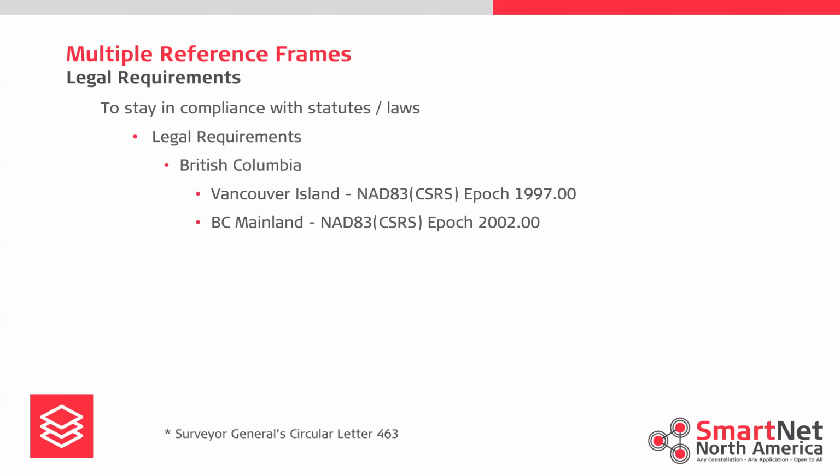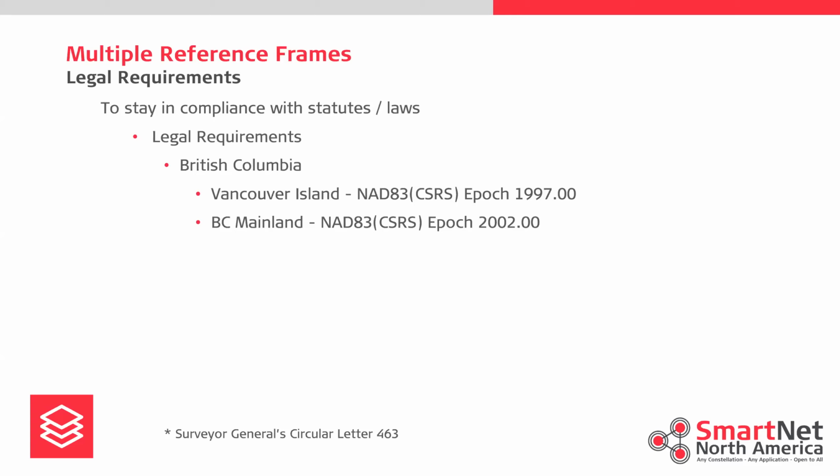Or in legal requirements. In British Columbia, on Vancouver Island, we're required to have EPIC 1997 available. On the BC mainland, we're required to have EPIC 2002 available because of the Surveyor General's Circular Letter 463. Those are in place today. Those are not being touched by this.